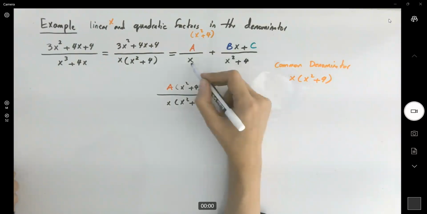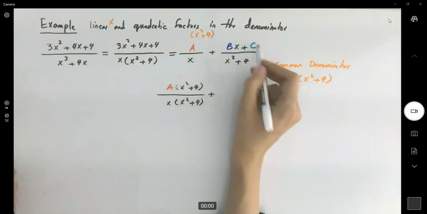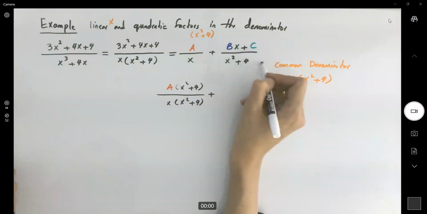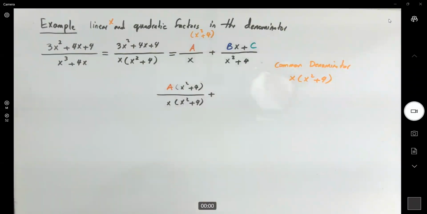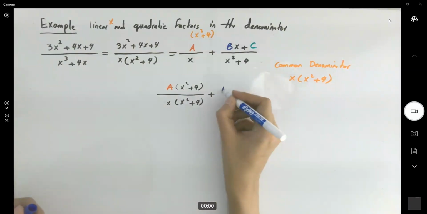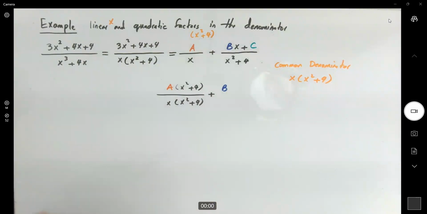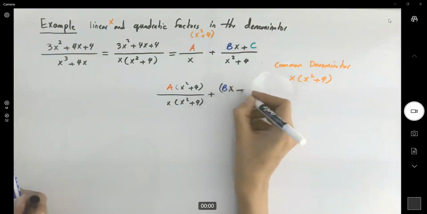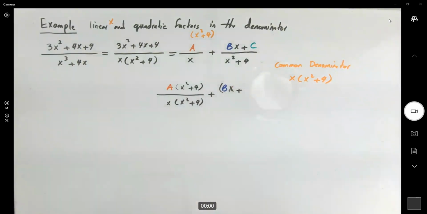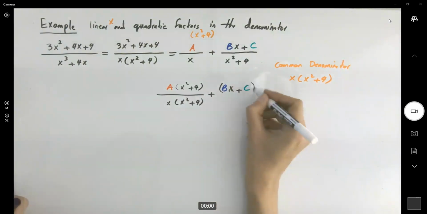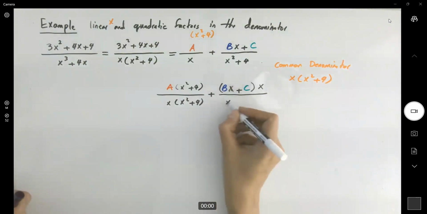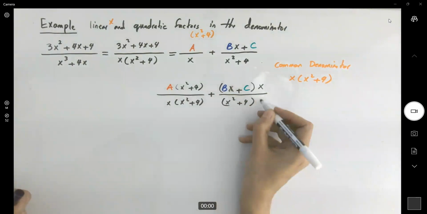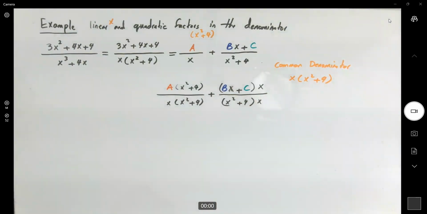The denominator doesn't have x, so we're going to multiply both the numerator and the denominator by x. So we get bx plus c, and don't forget to put it in parentheses, times x, divided by x squared plus 4 in the parentheses times x.